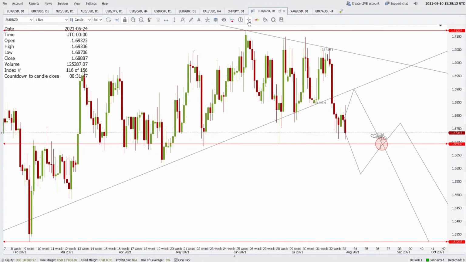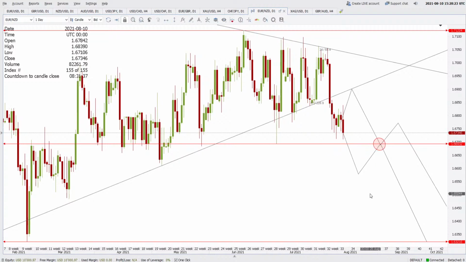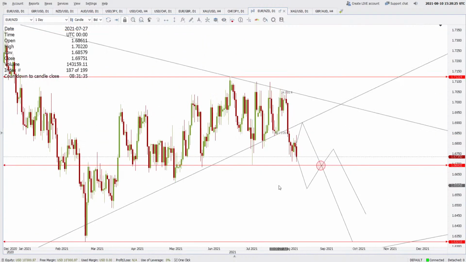I'll not think twice about such a trade. If I get a bearish engulfing or bearish pin bar at these levels after closing below, I'll be definitely going for such a trade. It is a very nice trade.